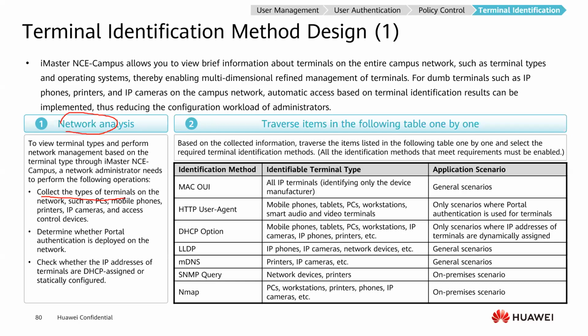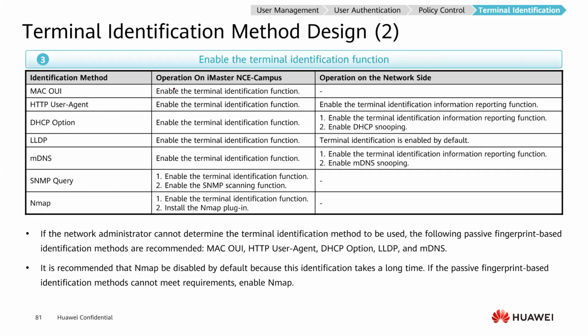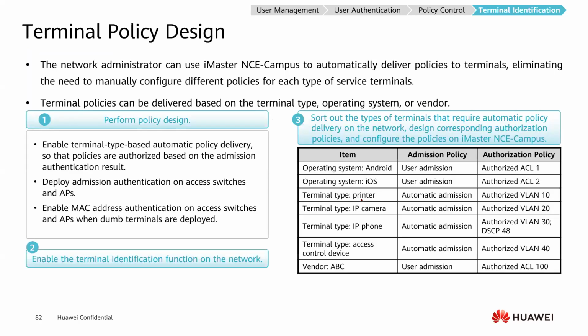Collect the types of the terminals, then determine whether port authentication is needed, and check whether the IP address of terminals is assigned by DHCP or statically configured. Based on this information, you need to check one by one which method you need to enable, and then enable the method on the controller, or some of the methods need to be enabled on specific devices.